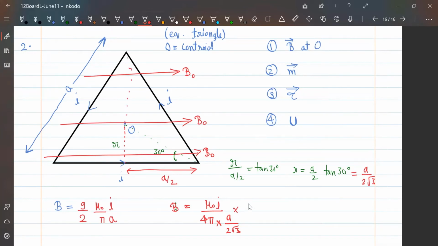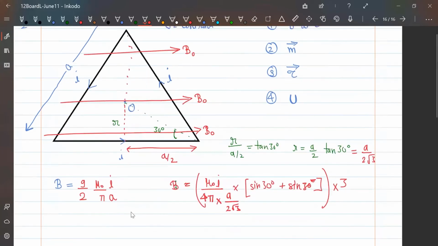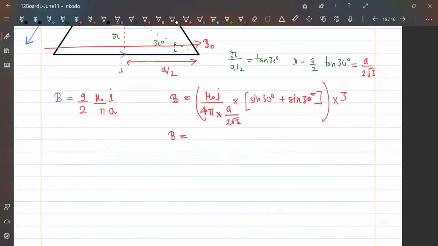Sine 30 plus sine 30, half plus half, will be 1. And this whole thing is multiplied by 3 because all the magnetic fields will be added up. So I'll get B is equal to 3 root 3 mu naught I by 2 pi A.